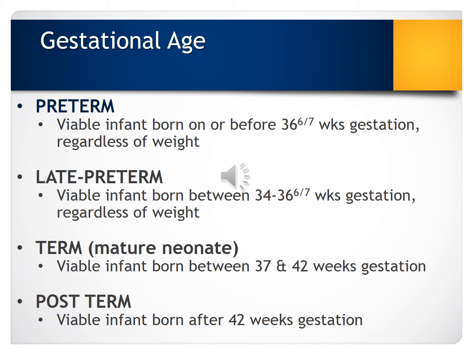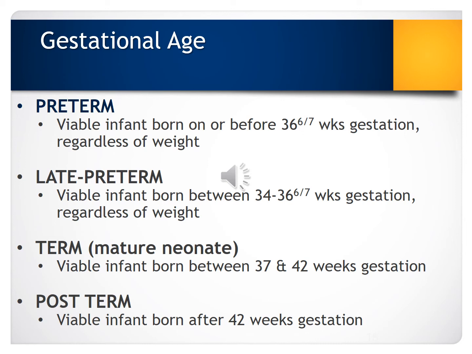And that's because, again, at 34 weeks, even though externally and weight-wise it's a normal weight, the lungs weren't mature, and there was irritability and problems with feedings. And so we take a closer look even at these late preterm babies. And then post-term is born after 42 weeks.